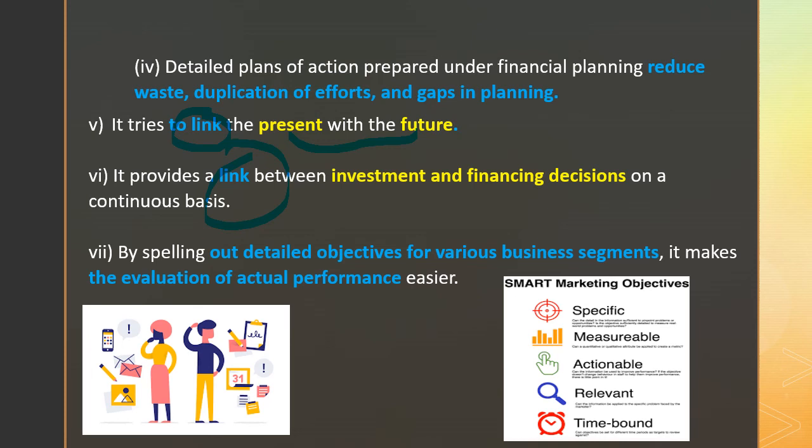If you plan really well in your business, it helps you to understand the detailed objectives of every business segment or every business unit, so that you can achieve the actual performance much more easily. Why? Because you are telling the employees this is what is expected of them. You have made a thorough checkup of what the employees have to do, because you have studied it in detail as well as planned really well. So based on that, you will be able to achieve your actual performance very easily.